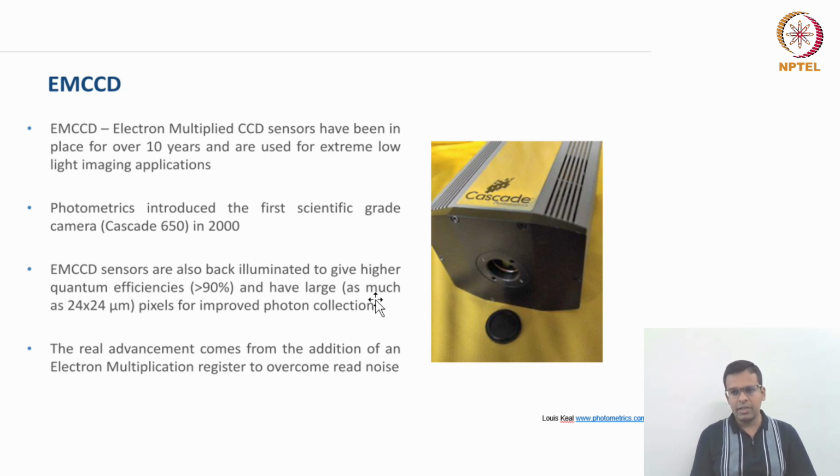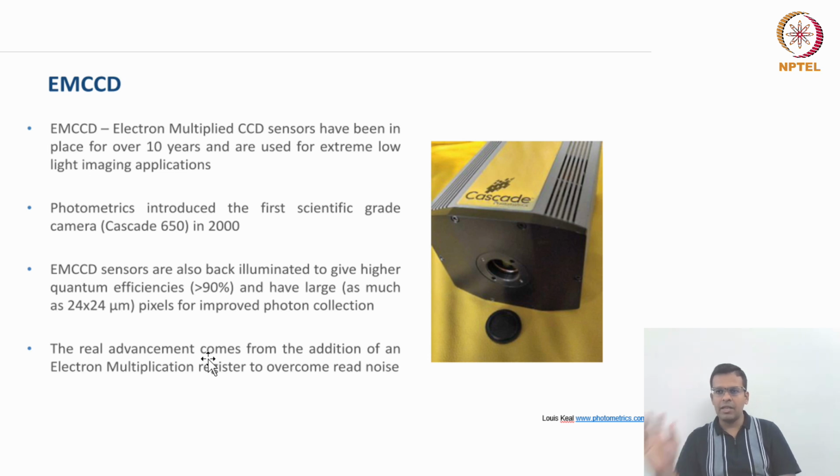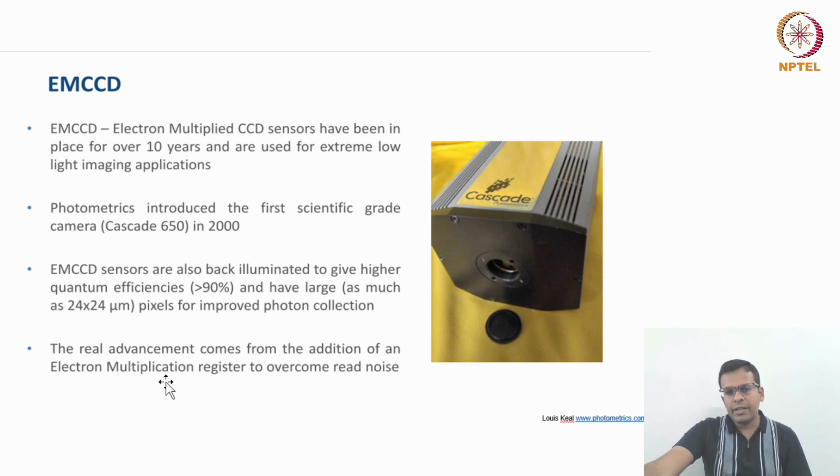Generally, for the current day sCMOS camera, the pixel size is 11 micrometer, whereas in the EMCCD camera the pixel size was 24 micrometer, so it can collect photons from a larger area in the image. And the real advancement comes from the addition of an electron multiplication register to overcome the read noise.